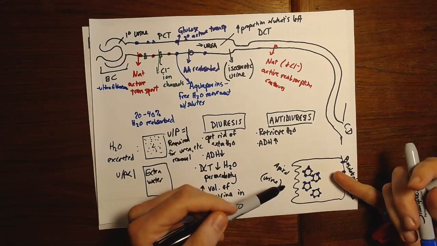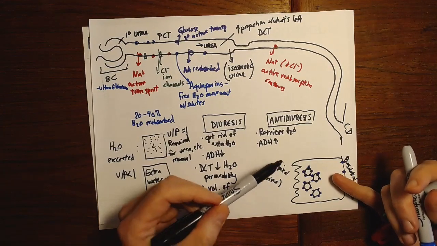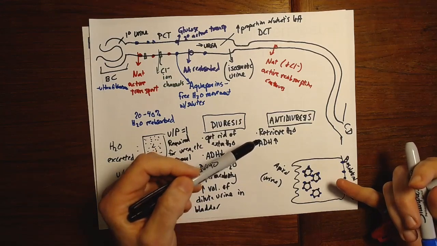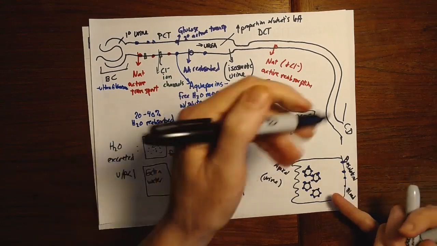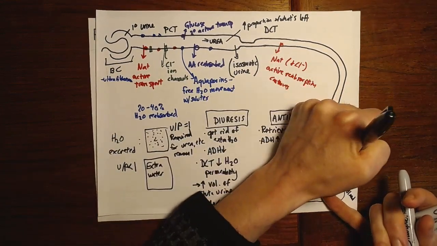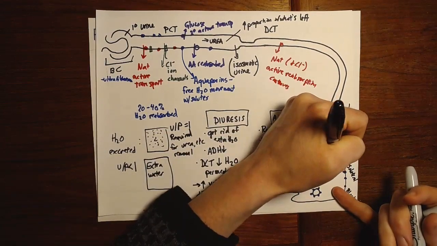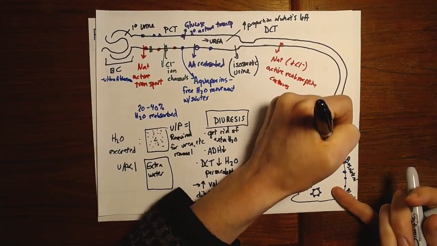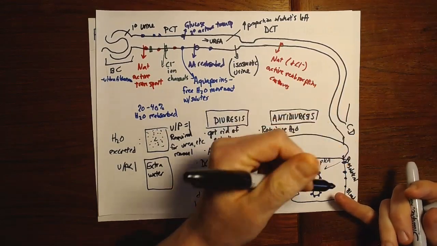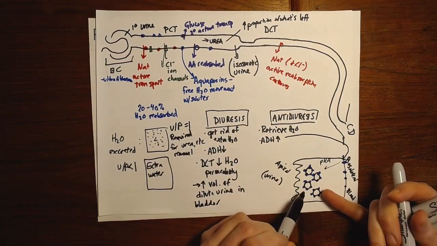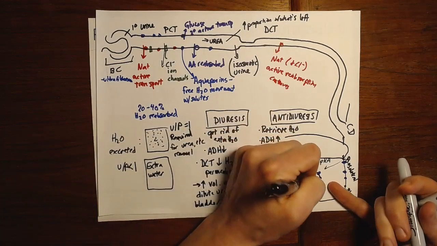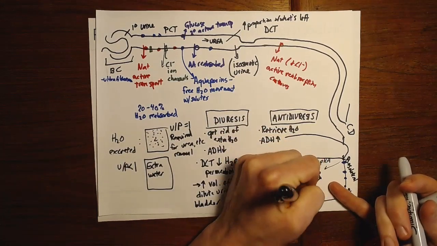So in contrast, during antidiuresis, when ADH is released, it binds to a G protein coupled receptor here on the basolateral surface, and we get signal transduction to protein kinase A. And then the vesicles that contain these aquaporin proteins get mobilized to the cell surface.